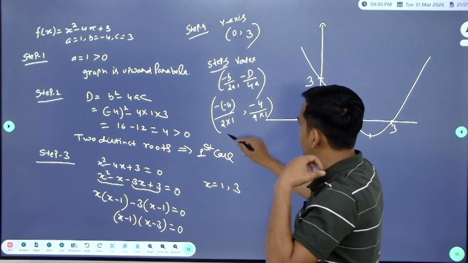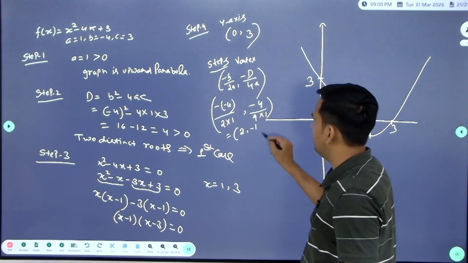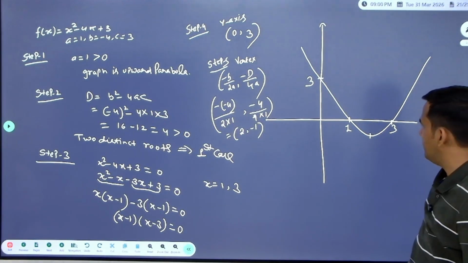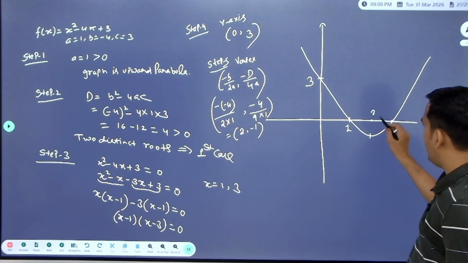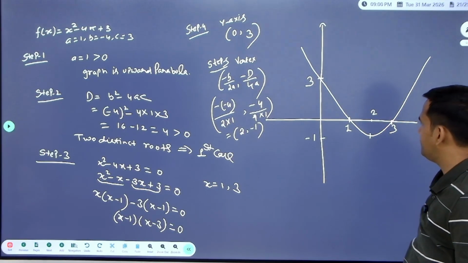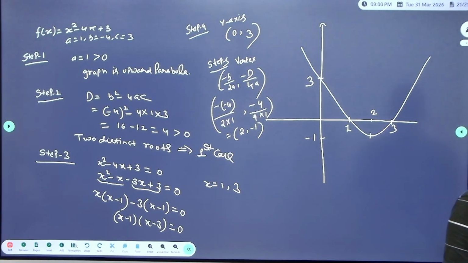So this will be 4 by 2, 2 comma minus 1. So the vertex is 2 comma minus 1. So this point is 2 and this point is minus 1. This is your graph of the parabola. 2 comma minus 1 is the vertex.